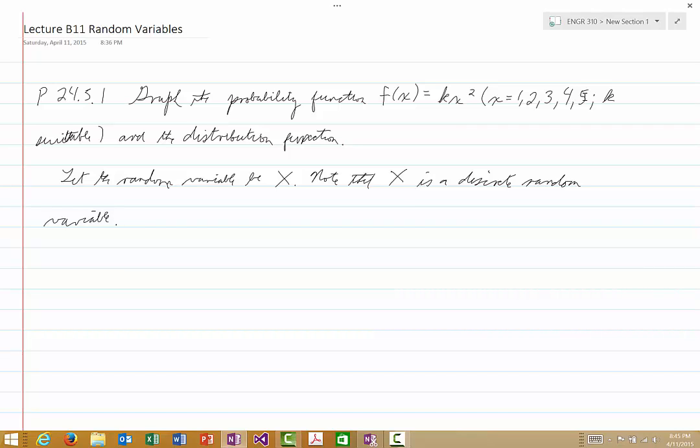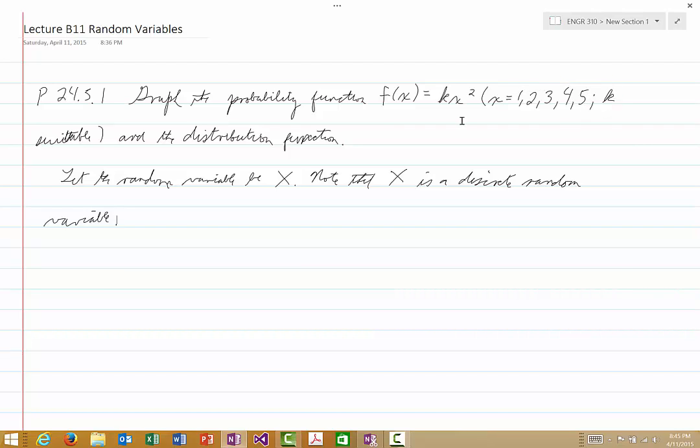And it's important, at the beginning of a problem, to note whether it's discrete or continuous, because that will have some bearing on how you pursue the problem. So in this case, we're talking about a discrete random variable, and we're told that the probability function is f of little x, which is equal to kx squared, and the possible values for little x are 1, 2, 3, 4, and 5.